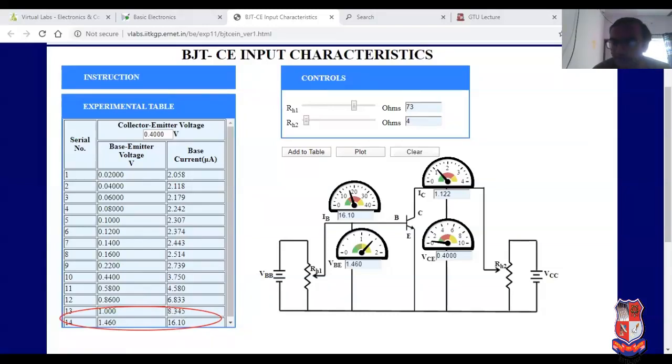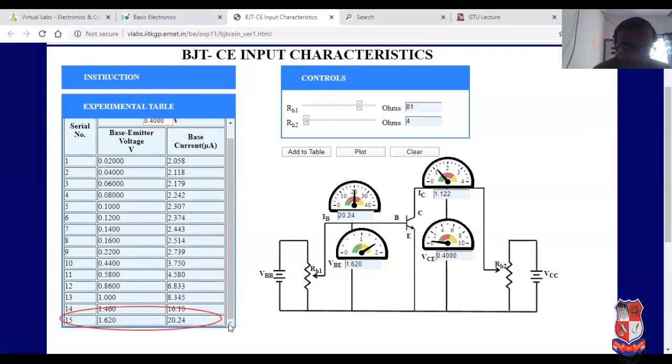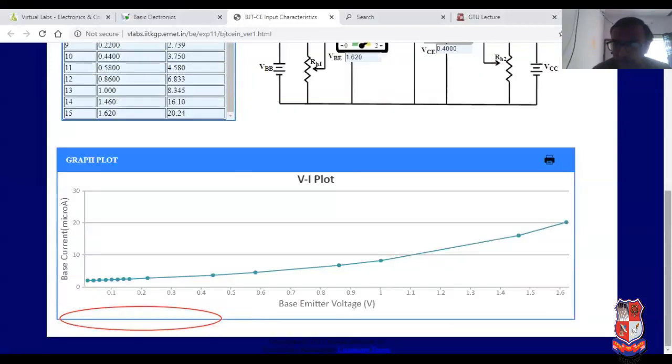See this is exponential rate of change. Now if you further increase, see this, 1.4 to 1.6, here 16 to 20. See this three variations, 8, 16, 20. Now if you plot this graph, see this is the variation.